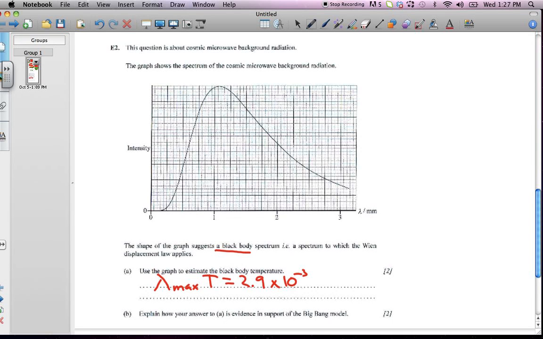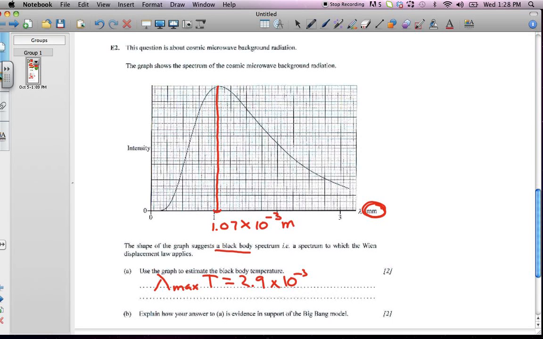Now you've got to do this. Now on my diagram here, it's not very clear, but it's around about there. Now each of these is actually 0.1, so we're about 1.07, and be careful, millimeters, so times 10 to the negative 3 meters. Please make sure that you're really careful to look at that.